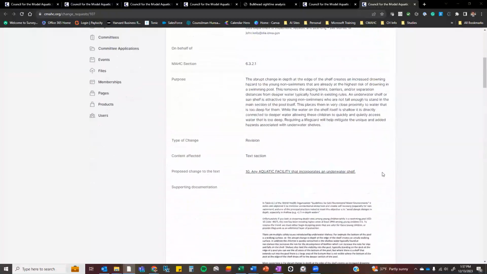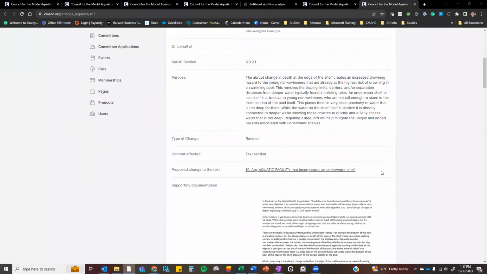Is it an attraction that is building a false sense of security? The pros and cons: there would be a safety advantage to guarding, obviously, and the risk does exist with the depth change that takes place at the end of that shelf. The implementation, however, becomes hard.